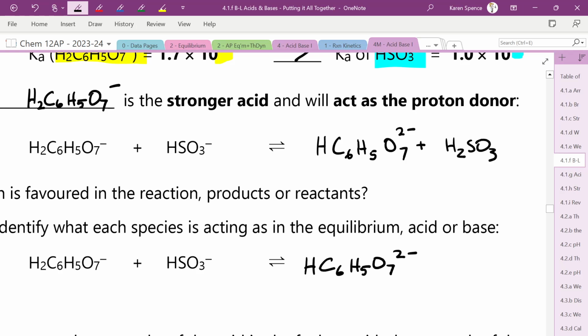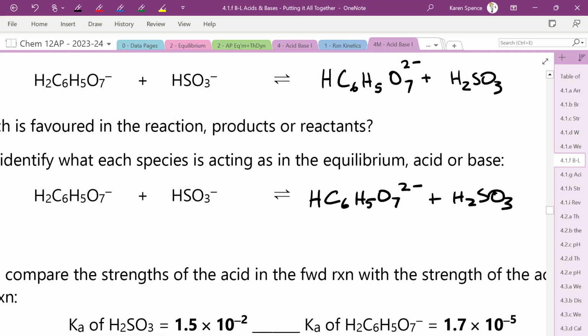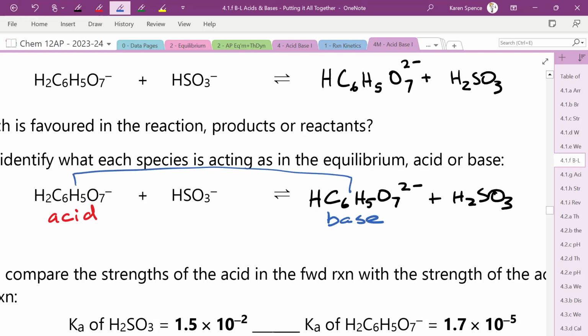C6H5O7 2 minus, and we have H2SO3. Who is the acid in the forward direction? H2C6H5O7 minus. Its conjugate base is the C6H5O7 2 minus. Yes, that's the conjugate base. That is a conjugate acid-base pair.